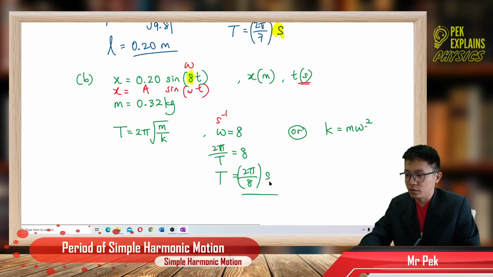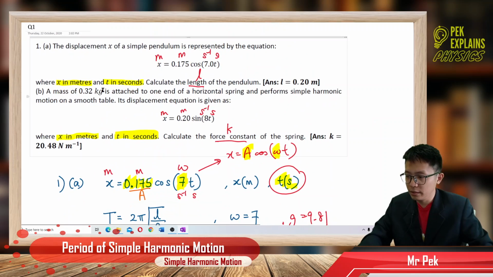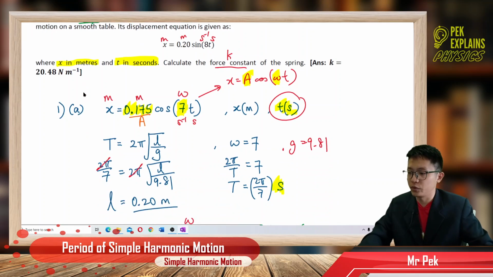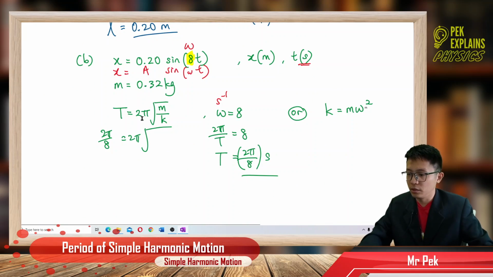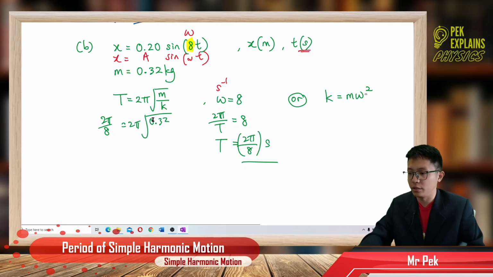Good. So I got my period, 2 pi over 8, and then 2 pi and the square root. What's my mass? Mass was given just now, 0.32 kilogram, already in SI unit, no need to change.